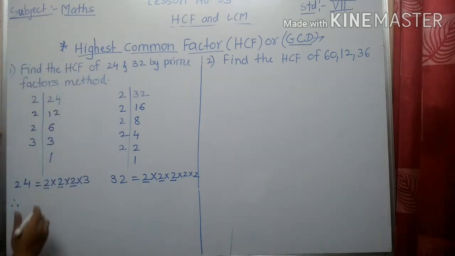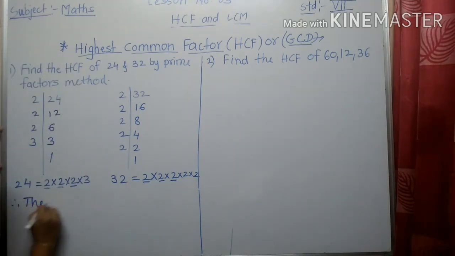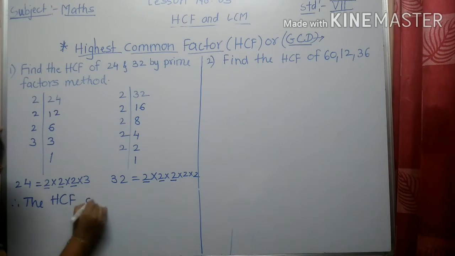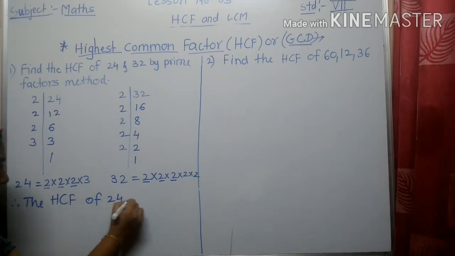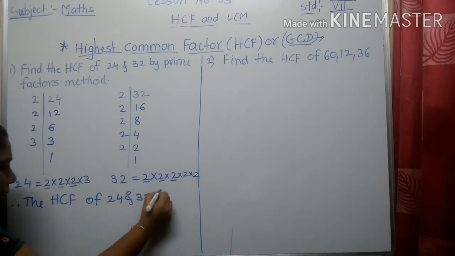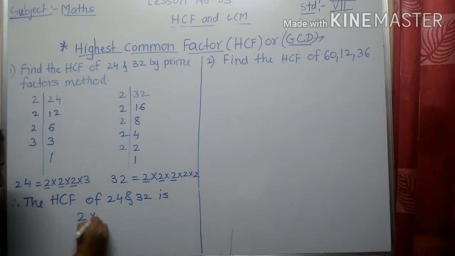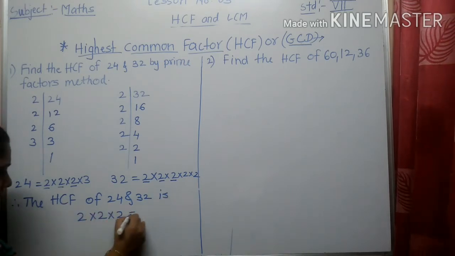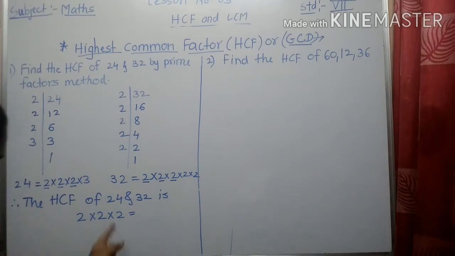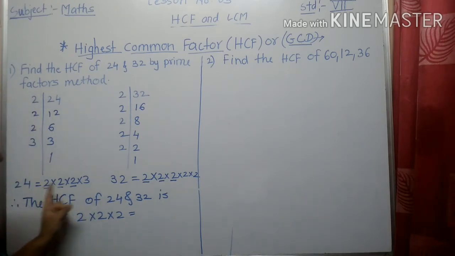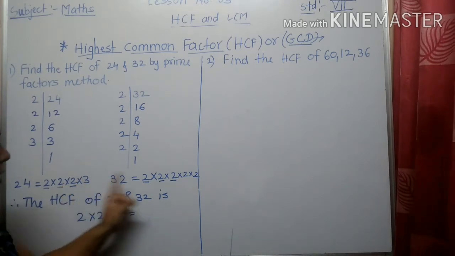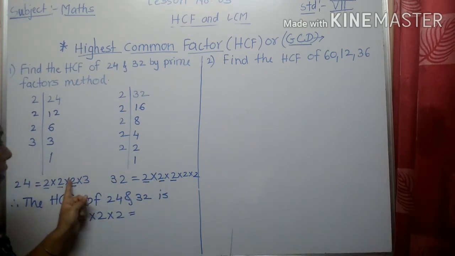Therefore the HCF of 24 and 32 is the product of all the common factors. You are observing 2 is the first common, 2 the second common, 2 the third common.